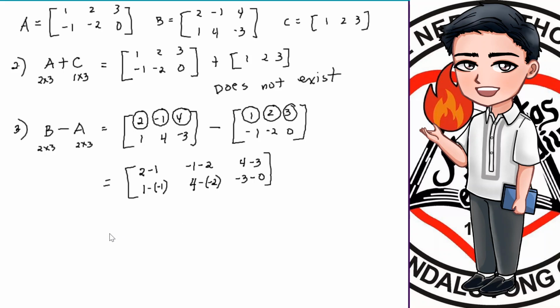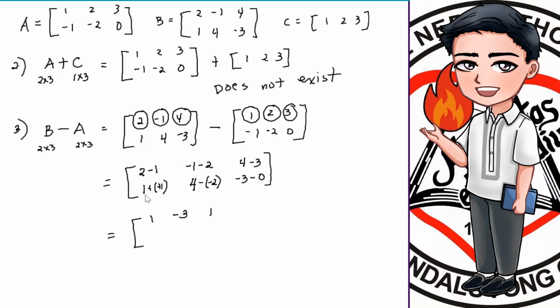Now simplify everything. 2 minus 1 will give us 1. Negative 1 minus 2 will give us negative 3. 4 minus 3 will give us 1. For 1 minus negative 1, we have the rule in subtraction of integers that we change the subtraction to addition and we change the second number to its opposite sign.